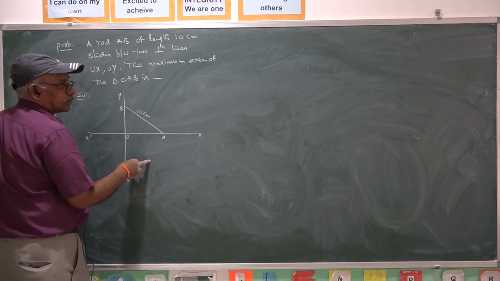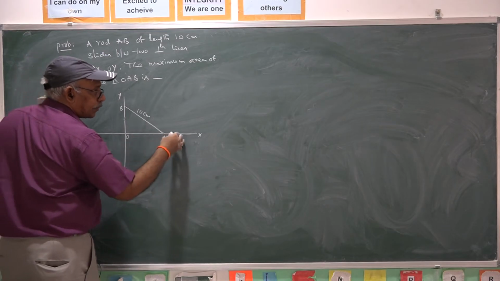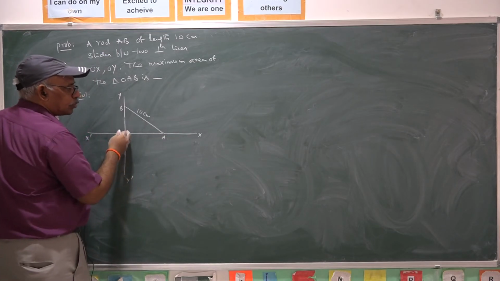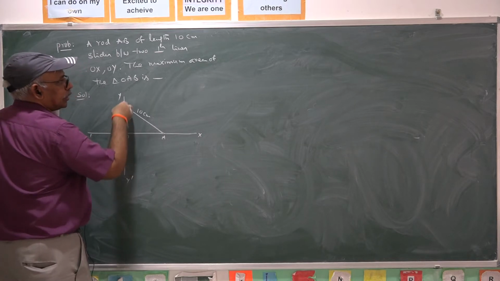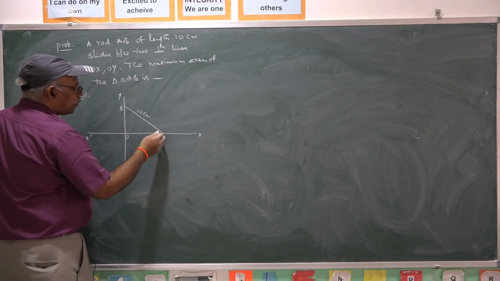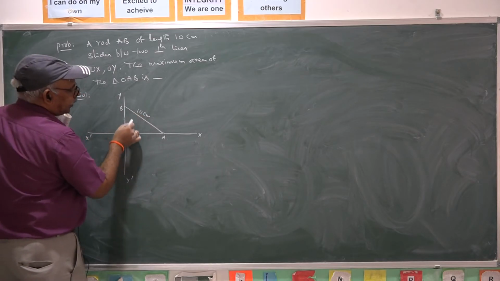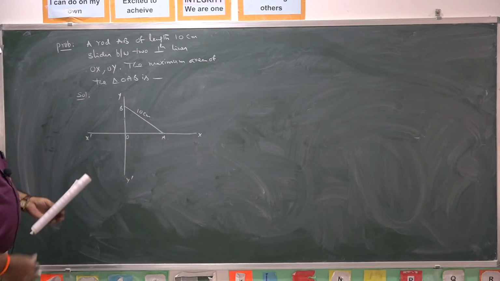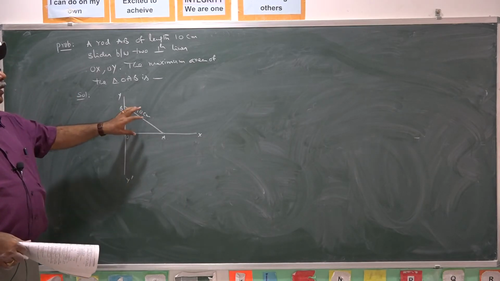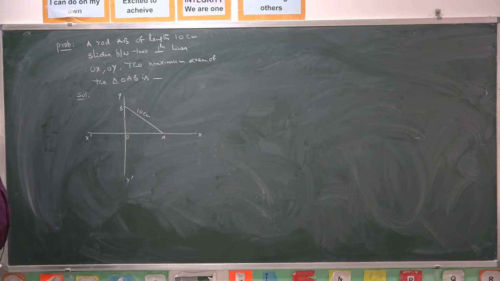Sliding on the coordinate axis means once A moves away from O, B moves towards O. Once B moves away from O, A moves towards O. In such a way, it is moving. So, what is the maximum area of triangle OAB in such a case? That is the question here.